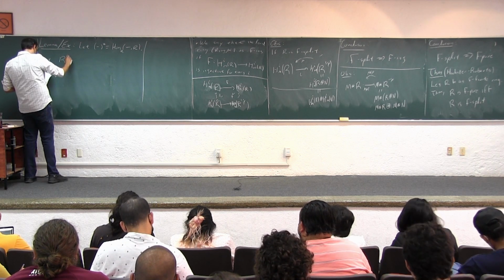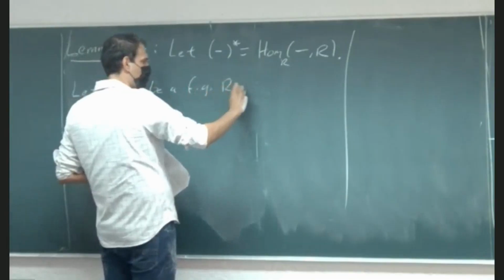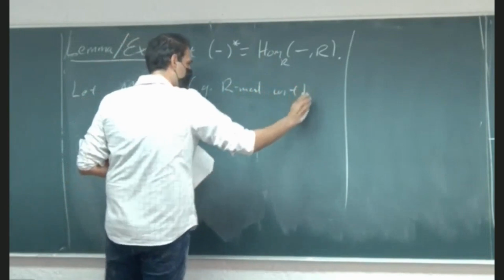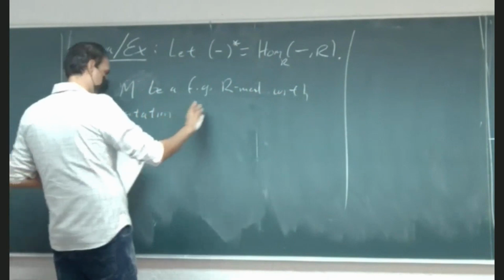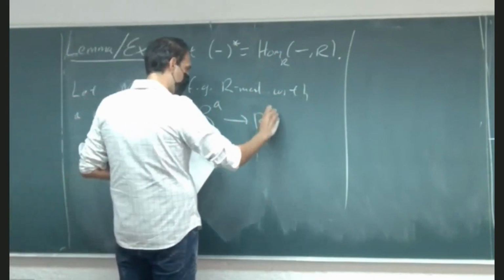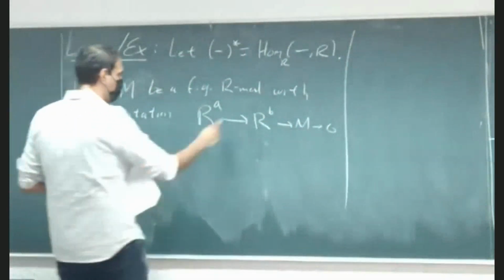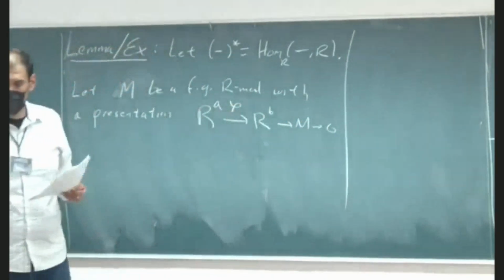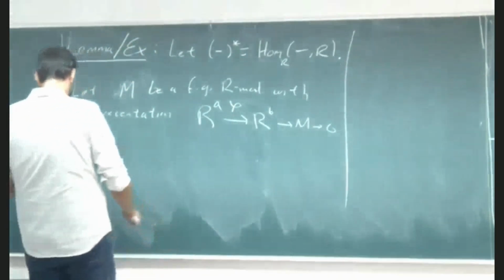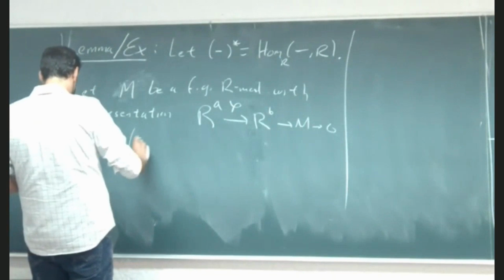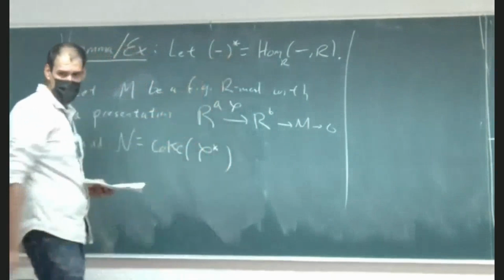Let M be a finitely generated module with a presentation R^A to R^B to M. To take a presentation, the map here is going to be phi. We know that this map is given by a matrix. This is a map with free modules. And let N be equal to the cokernel of phi dual. So we're applying this functor.